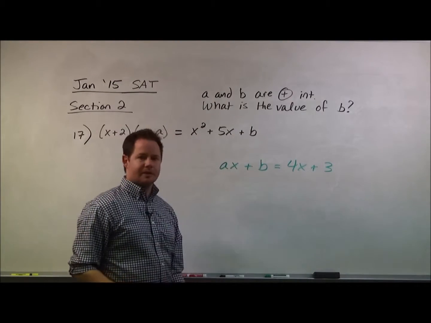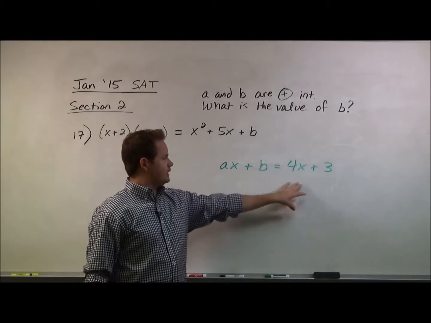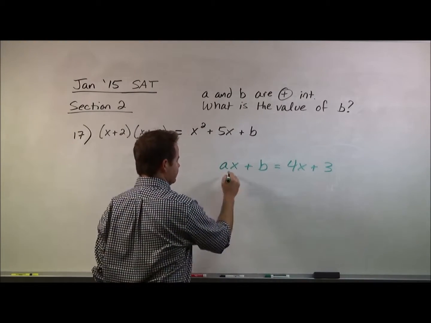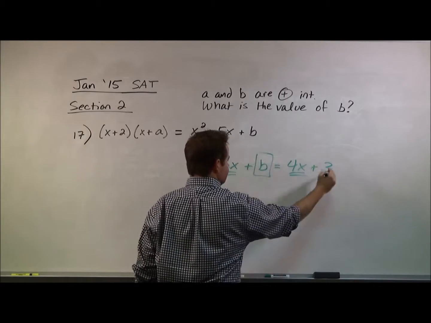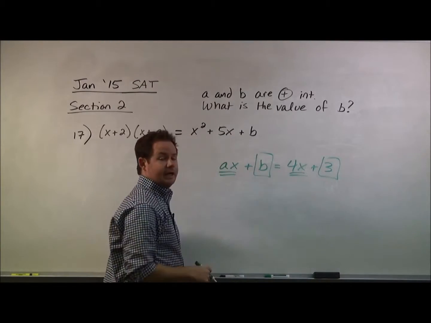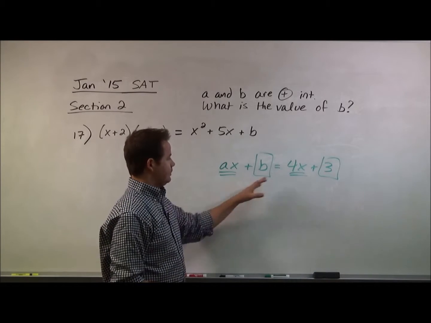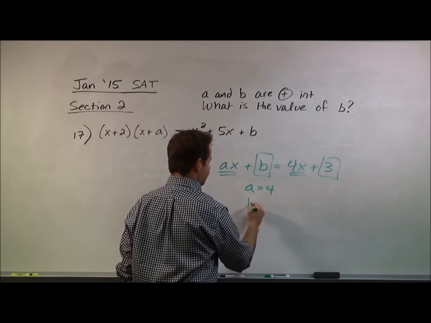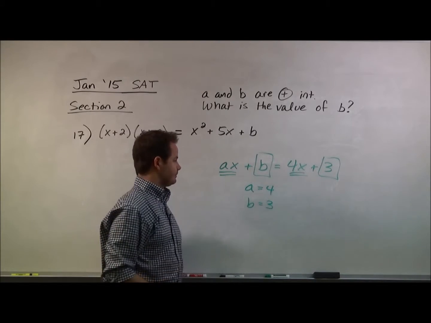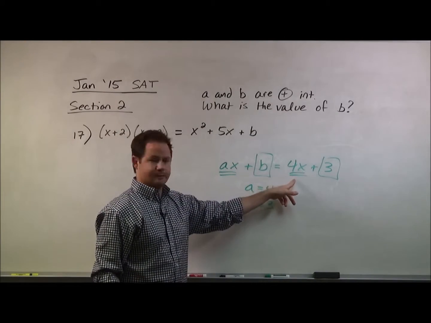If you saw something like this, you might recognize, okay, these x terms are like terms, and these constants are like terms, and you could set each one equal to each other. So when doing that, you would get a equals 4 and b equals 3. A goes before the x, 4 goes before the x.